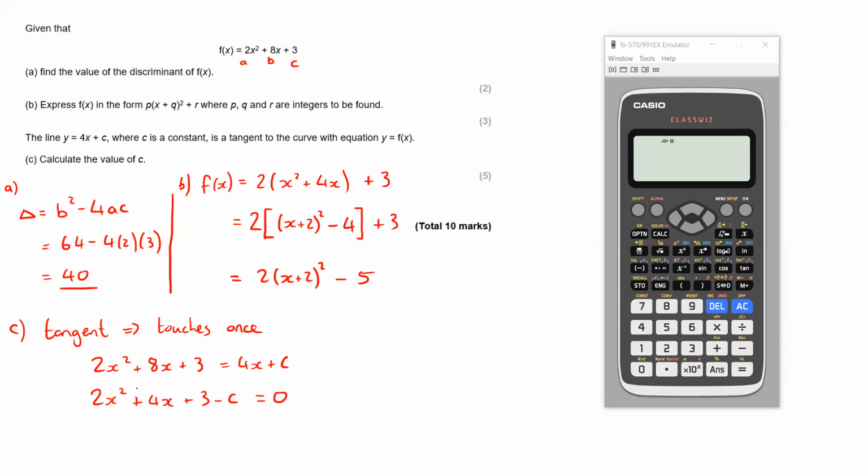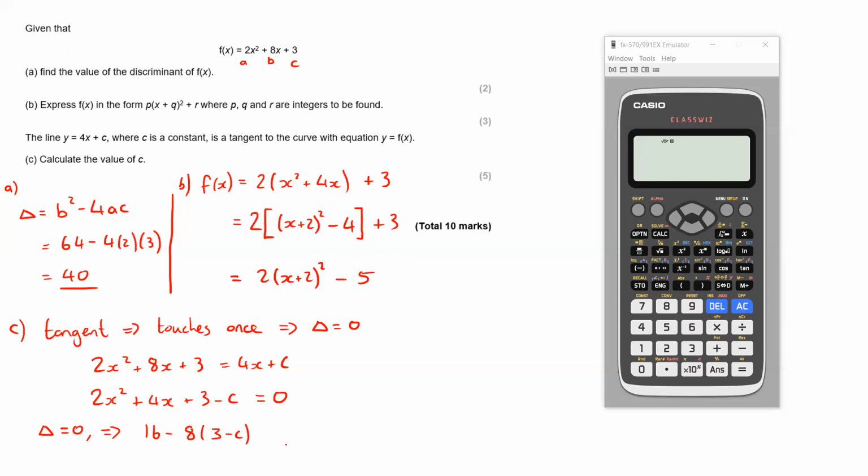Now, this tangent touching once implies that the discriminant of this particular quadratic will equal 0. So up here, it implies that the discriminant is equal to 0. So if I work out the discriminant of this, I can then set that equal to 0. So the discriminant equals 0 implies, here I've got 16 minus 4 times 2, which is 8, times this bit at the end, which is 3 minus c.